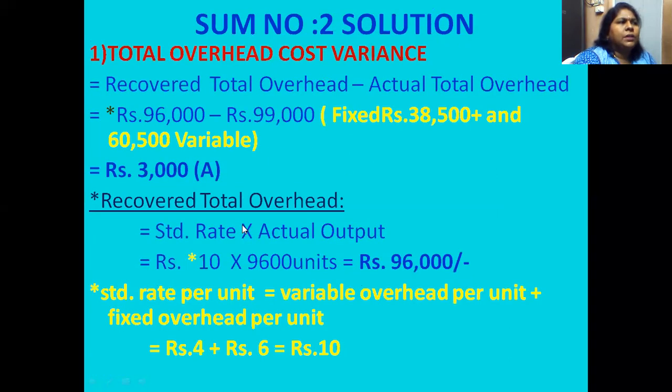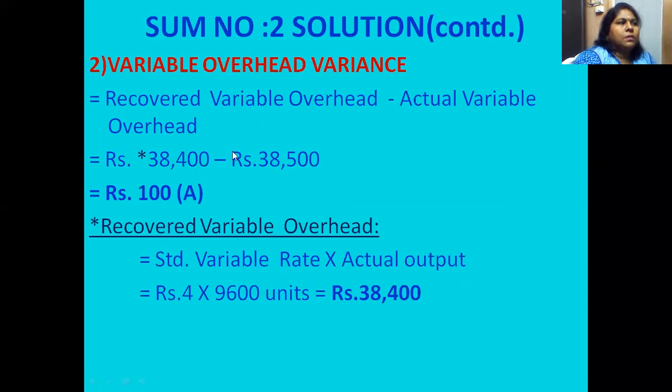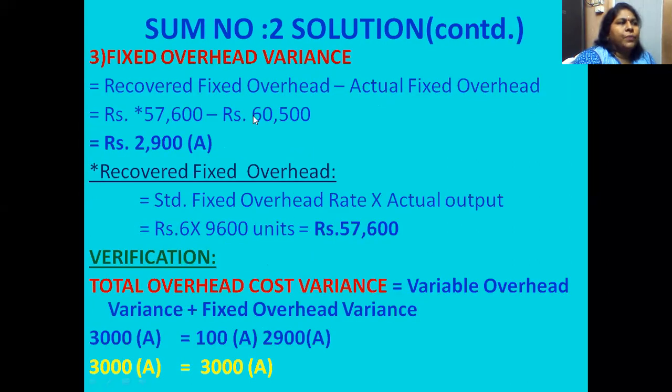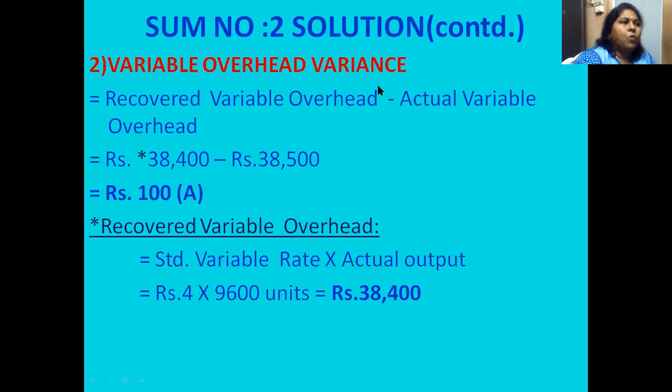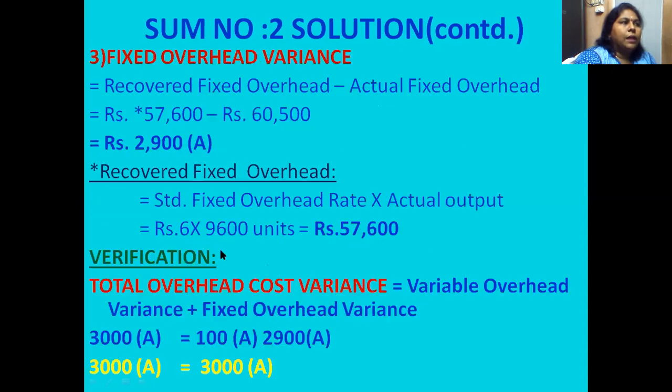So we calculated the overhead cost variance, variable overhead variance, and fixed overhead variance. How can we check whether our answers are right? By this verification: the total overhead cost variance is the summation of variable overhead variance plus fixed overhead variance. The total overhead cost variance we calculated as 3,000 adverse, the variable overhead variance as 100 adverse, and the fixed overhead variance as 2,900 adverse.